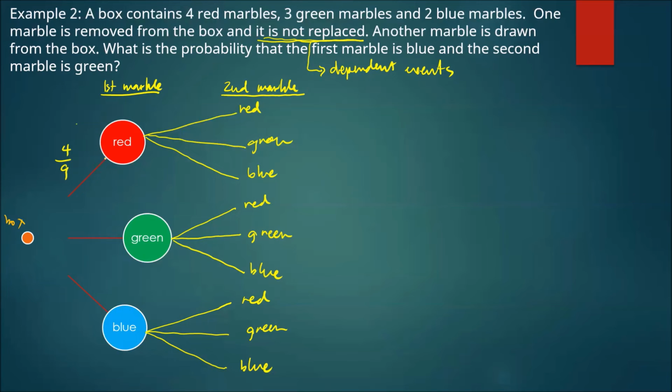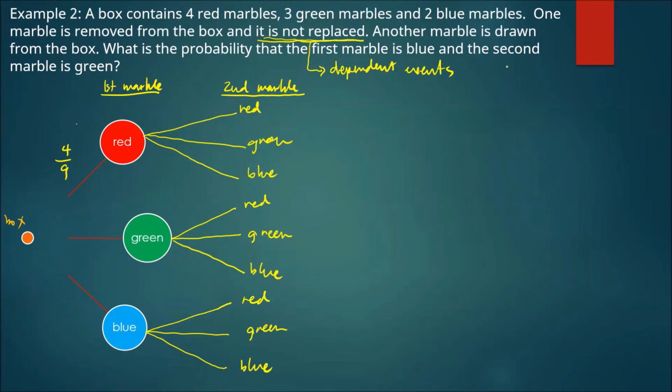In this situation, our first marble is red, so we were able to get 1 red marble from the box. If there are 9 marbles at the beginning and we remove 1 red marble, how many marbles are going to be there when we choose the second one?